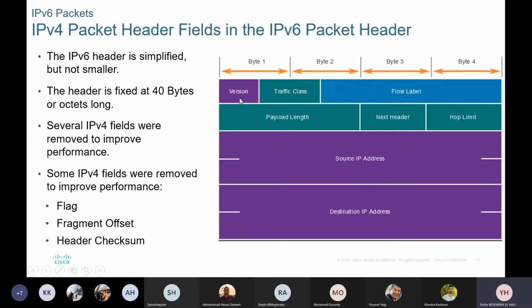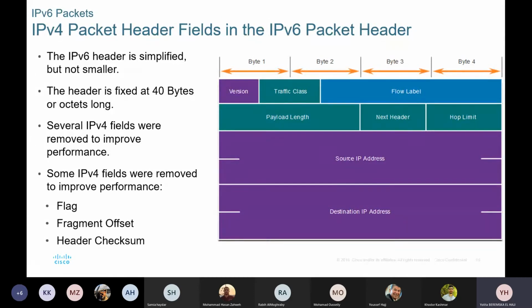The first field is the version. Here the field contains 110, which stands for 6. The traffic class corresponds to the differentiated services that we have in IP version 4. Now here we have another new field that is called flow label.